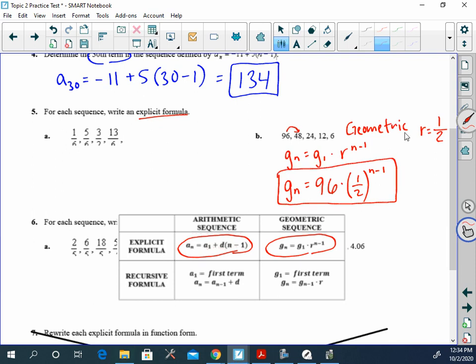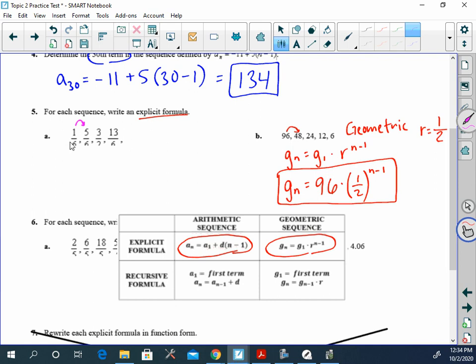Okay, and if that was geometric, this one might be arithmetic, but we'll find out. So we're trying to figure out what we're adding or multiplying in order to answer this question. And if I look from here to here, I notice the denominator is the same, which makes it a little bit easier. So with the denominator being the same, I would have to add 4 on top.